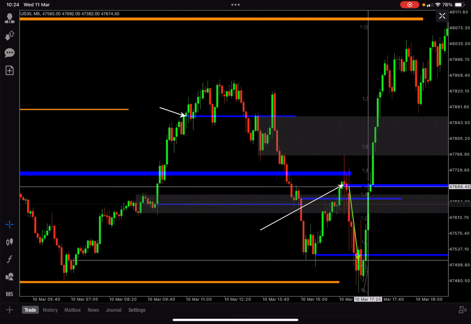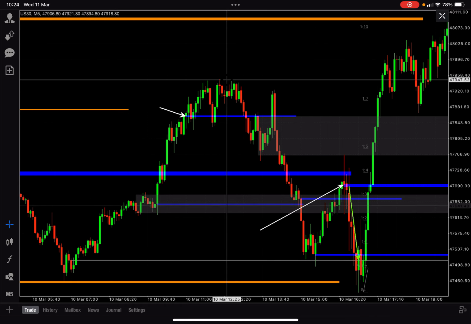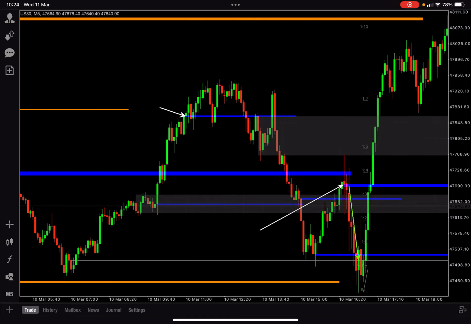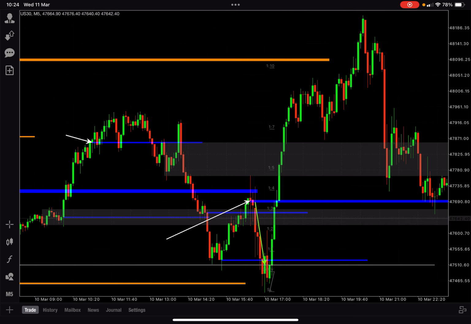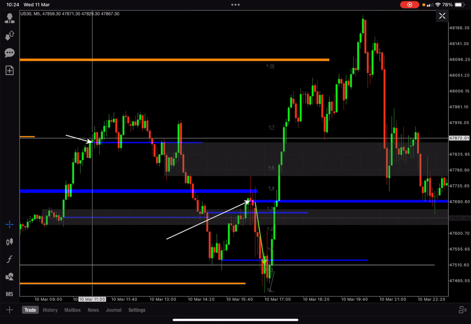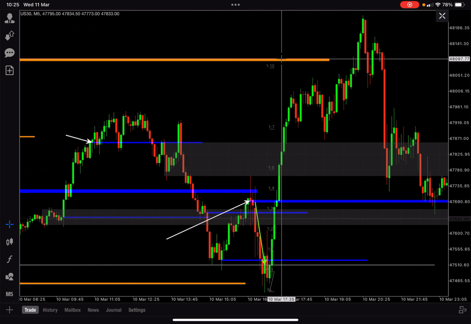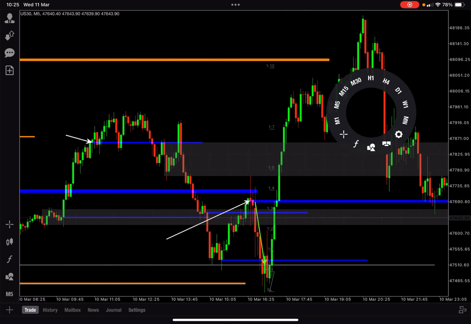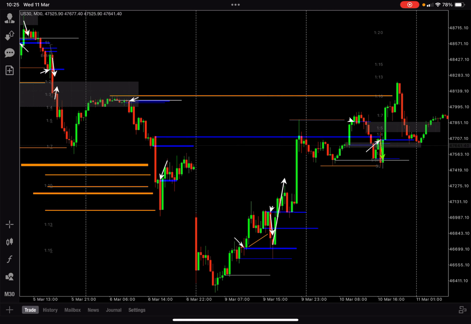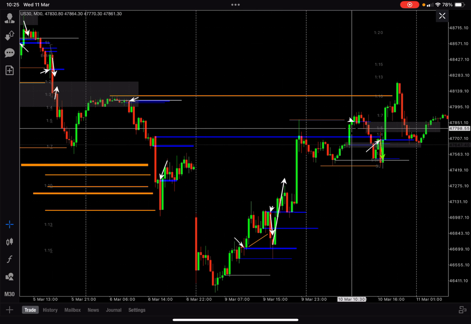If price doesn't show any resistance, it pushes straight through. So previous high is your next TP, and then price continues up. Nice little retest there of this level, London Open, followed by a continuation up to take the past daily high. That would be your main target, and that is the high from Friday, the 6th of March.